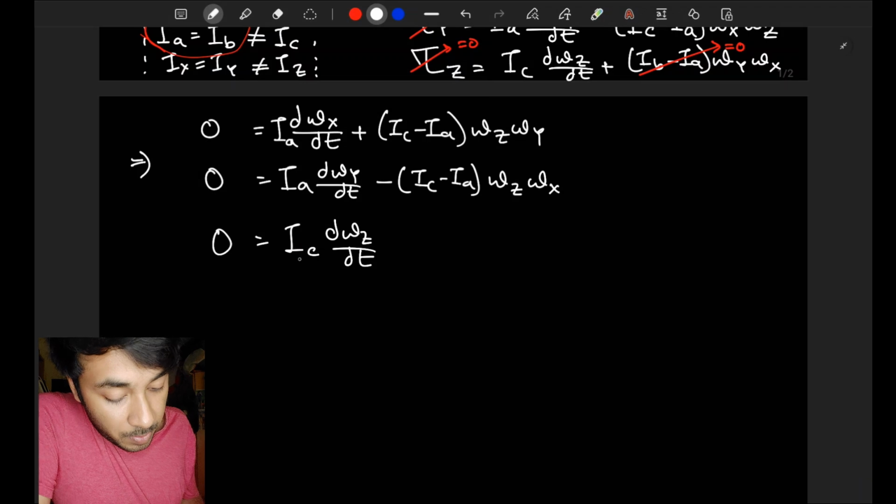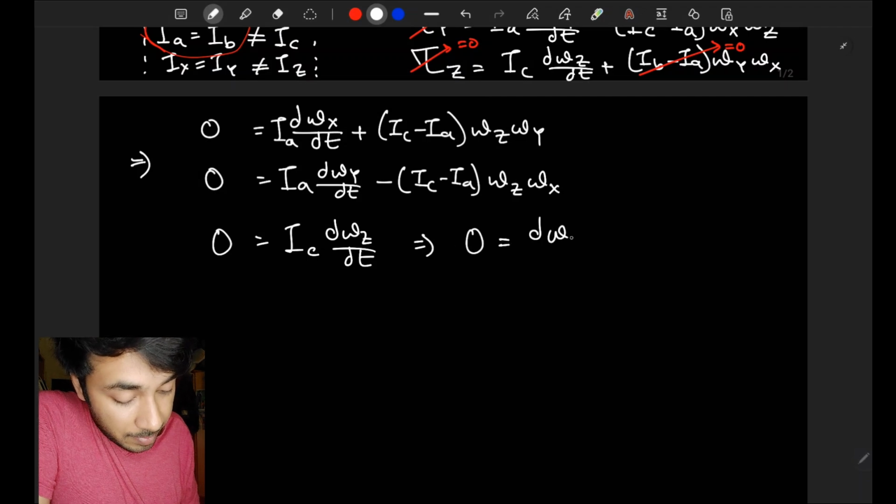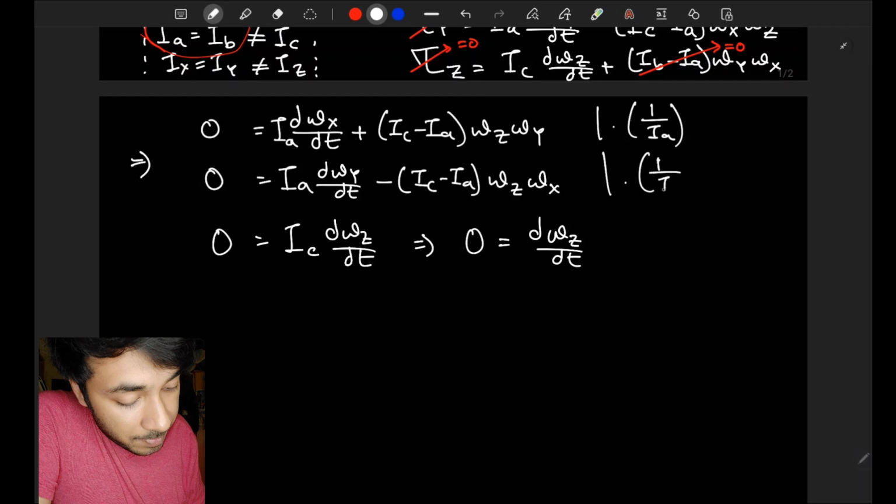Right. So what you can do here is that, of course, IC can be brought to this side, and because IC is never 0, we can always bring it to the left side. And what we can write here is basically 0 is equal to d omega z dt. But for these other two, we can, of course, divide them by IA.